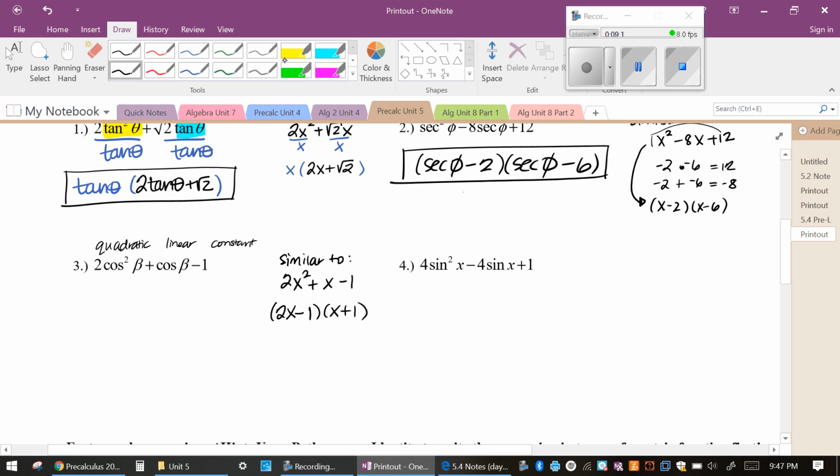Okay, now remember the x in the example I gave you is really cosine for this problem. So this one, instead of factoring to 2x minus 1, it's 2 cosine beta minus 1 and cosine beta minus 1. You can distribute that.